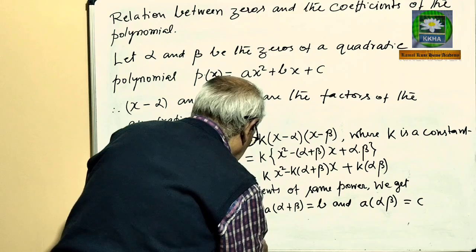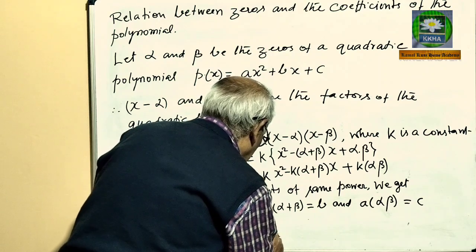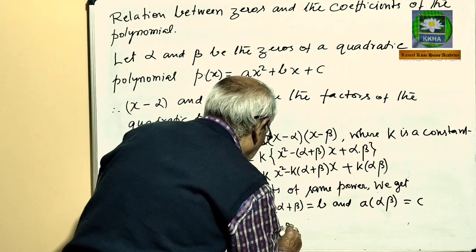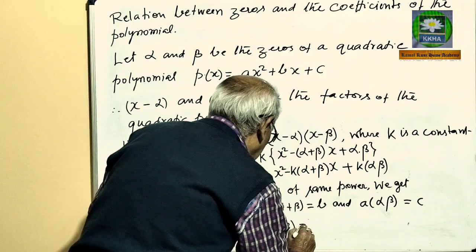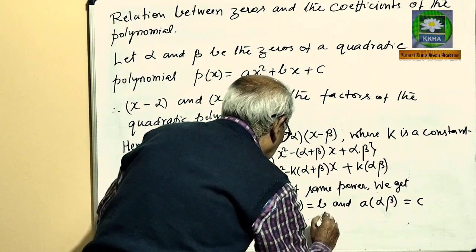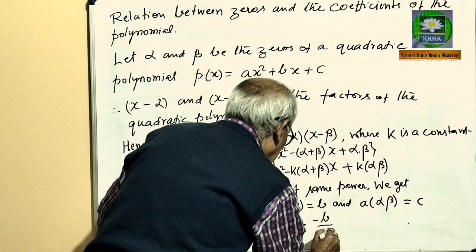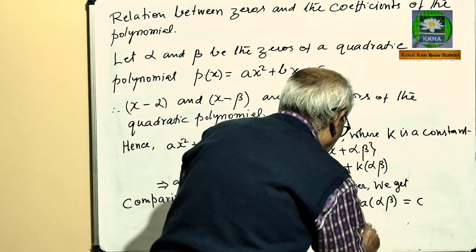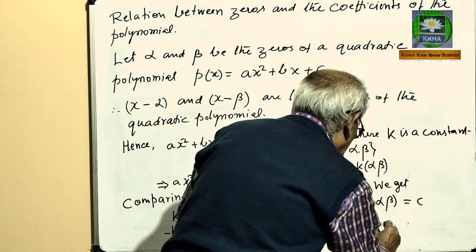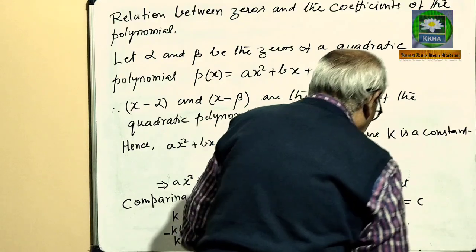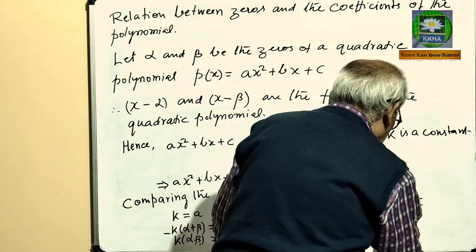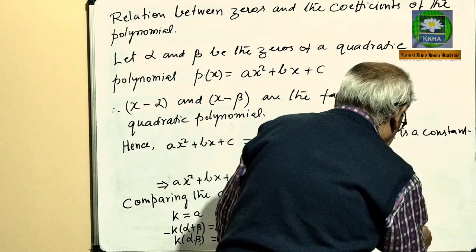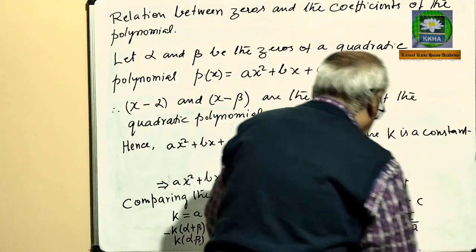This implies that alpha plus beta is equal to minus b upon a, and alpha multiplied by beta will be equal to c by a.